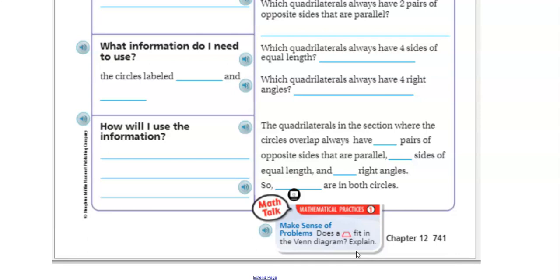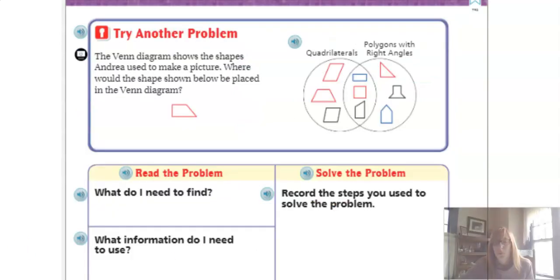I'm going to scroll down and it says the quadrilaterals in the section where the circles overlap always have 2 pairs of opposite sides that are parallel, 4 sides of equal length, and 4 right angles. So both in that circle are squares. All right, so we're going to move on to our next page.